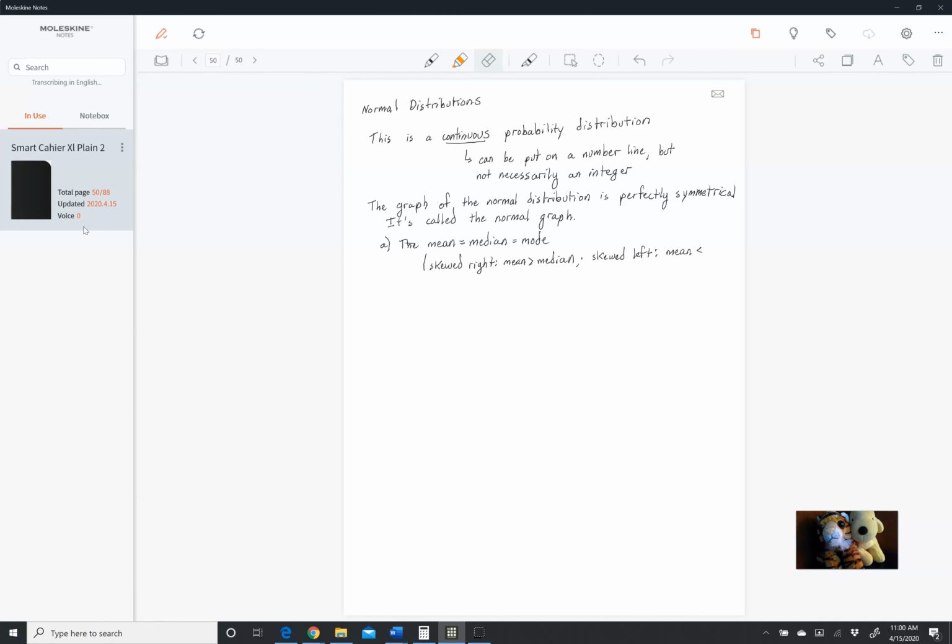Here there's no skew because the mean is equal to the median. So that's the first thing.